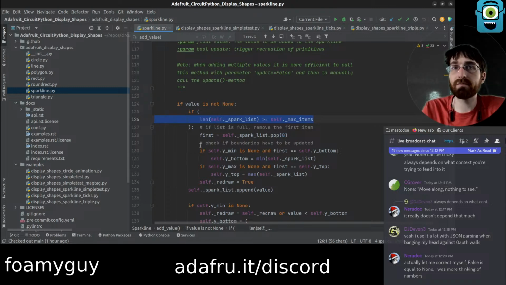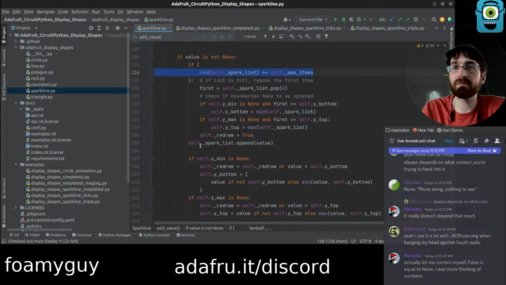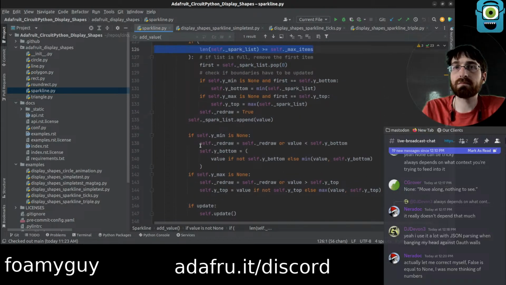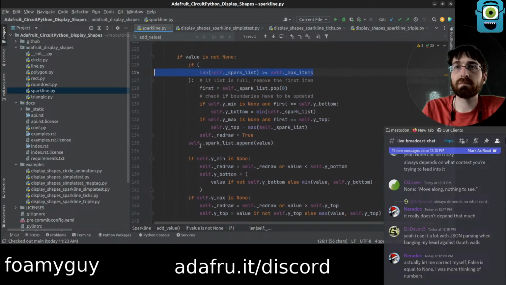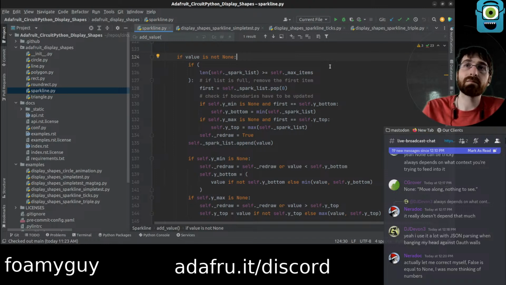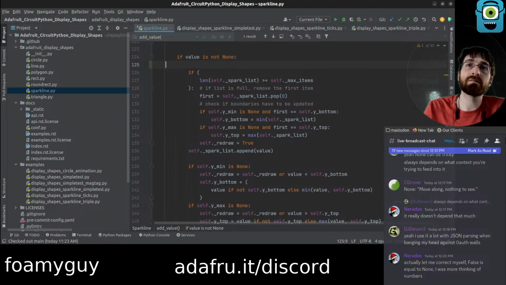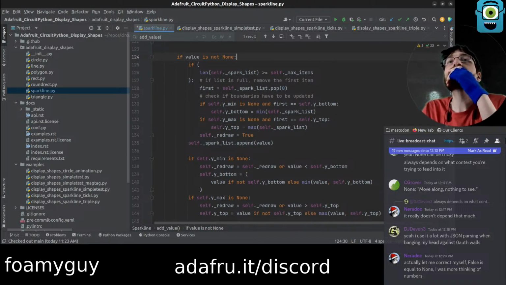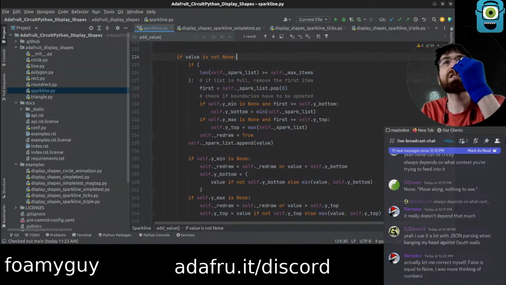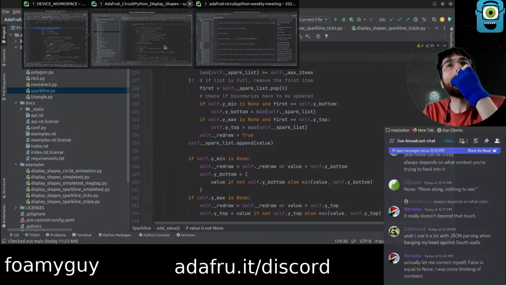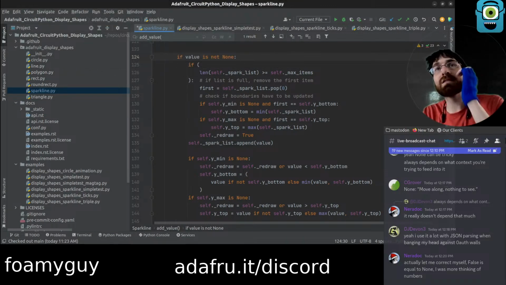Does it matter? I don't think it matters. This is tricky though. I still don't understand why it fails.